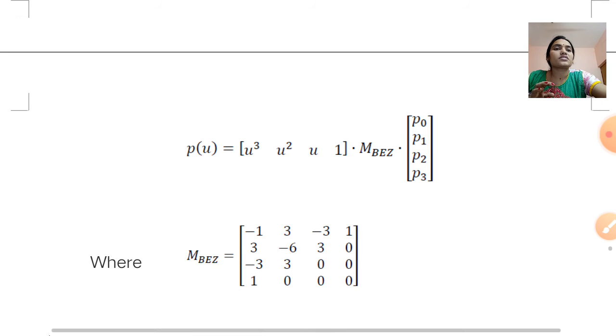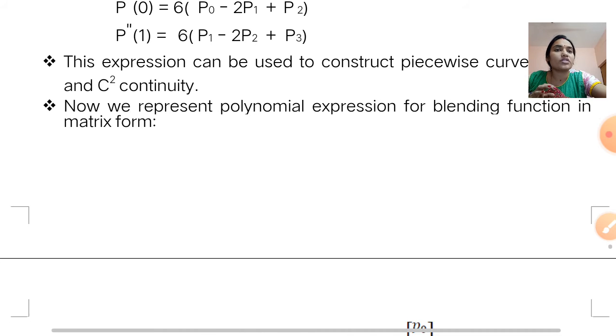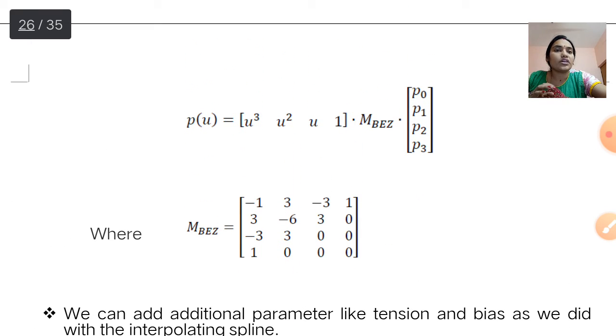Okay, let us discuss the polynomial blending function in matrix form. So here P of u equals to [u cube, u square, u, 1] into M base into [p0, p1, p2, p3], where M base equals to minus 1, 3, minus 3, 1; 3, minus 6, 3, 0; minus 3, 3, 0, 0; 1, 0, 0, 0.